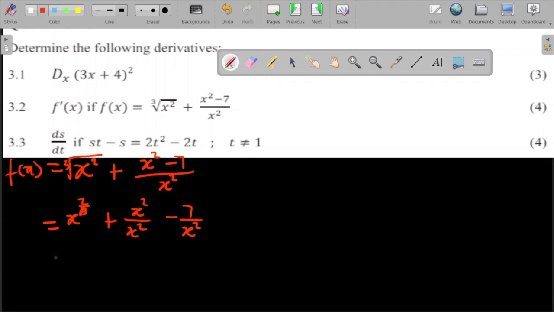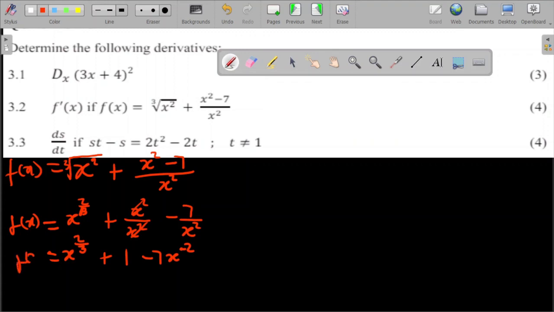I hope you understand what is happening here. And then x to the 2 over 3, and then plus x squared and x squared cancel each other, give me 1. And then I'm going to have negative 7 x to the minus 2. Take this to the top, and it changes the sign. And then from here, everything is in standard form.